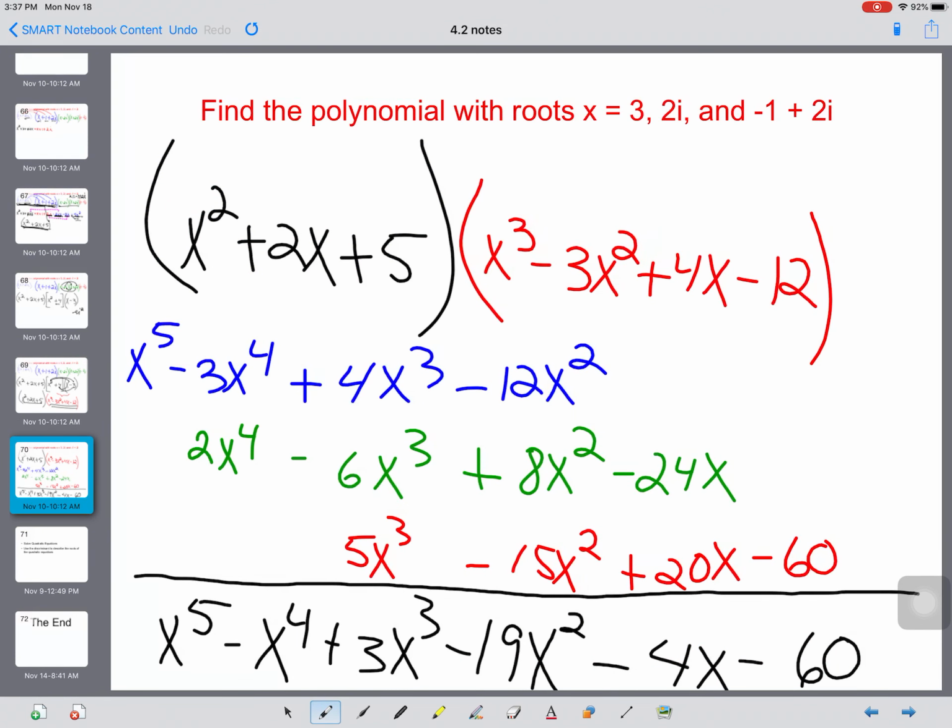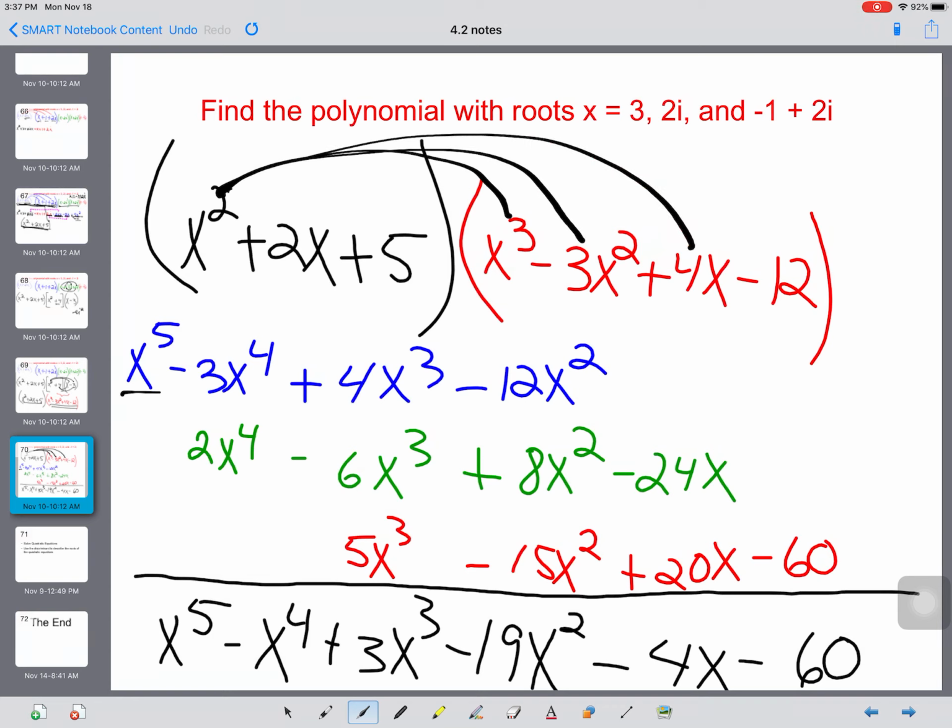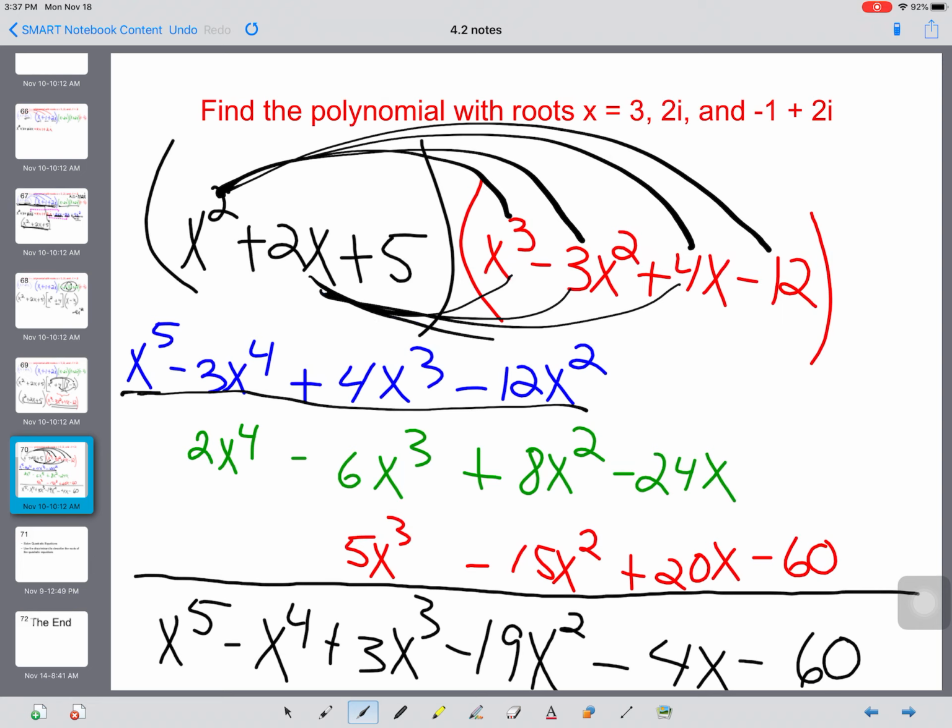So look what I've done here: I take the x squared times x to the third, that's x to the fifth, then I go to this one, then this one, then this one. That's where I get that blue line. Then I'm going to take the 2x times every one of those, and that's where this green line comes from. And then I take the 5 times every one of those, and that's where this comes from.